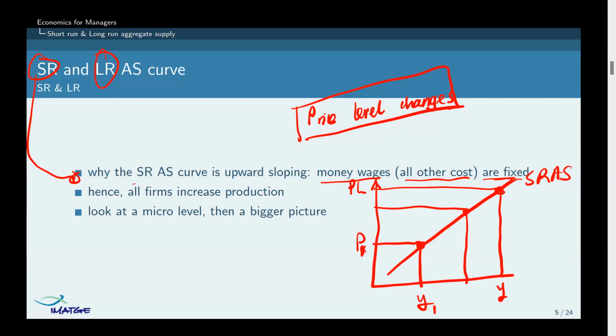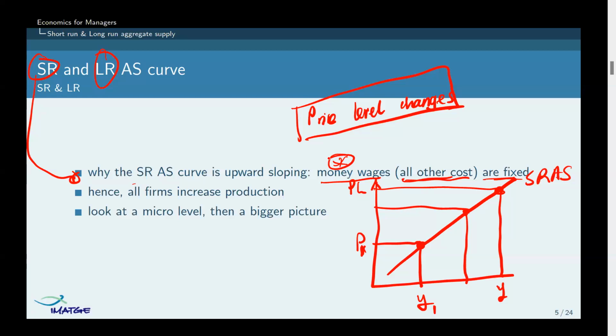So the prices at which they buy their inputs, be it labor or other inputs used in the production process, are held constant even when the price level is going up, which means it will take a certain period of time before these money wages or all other costs change. Here, I just gave you an example of one of the costs that businesses face. All these other costs are assumed to be constant.